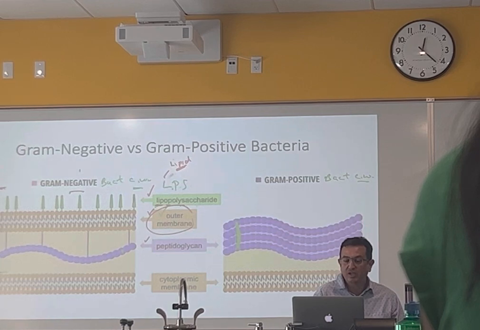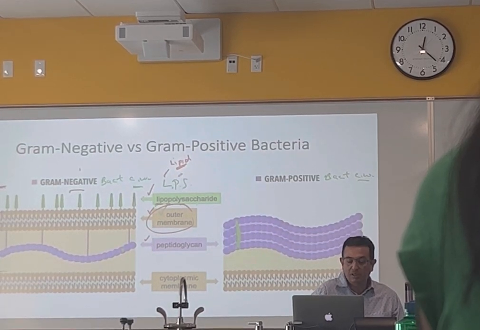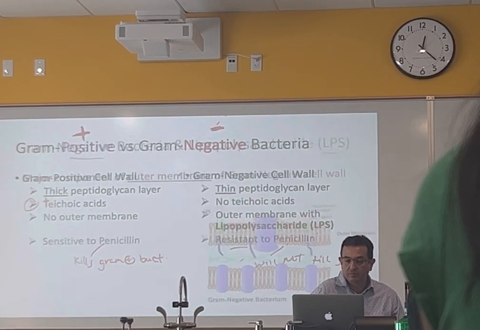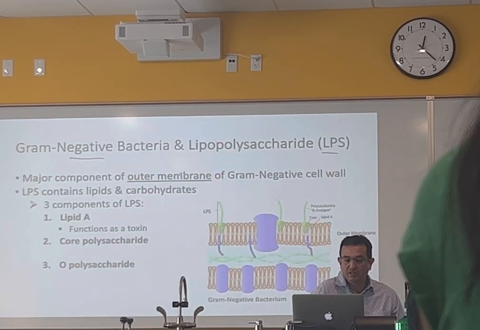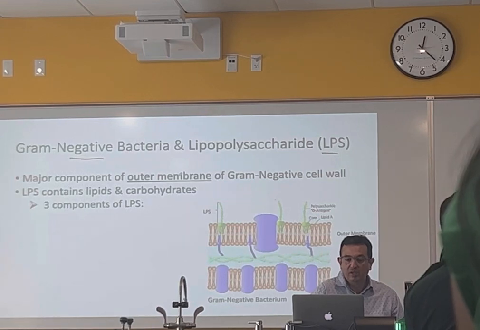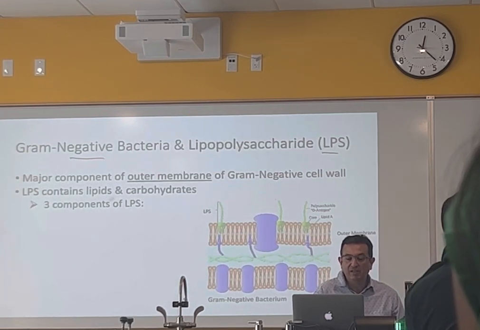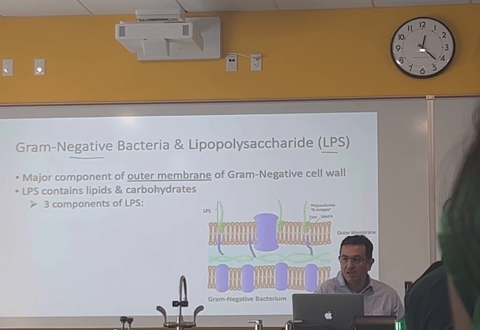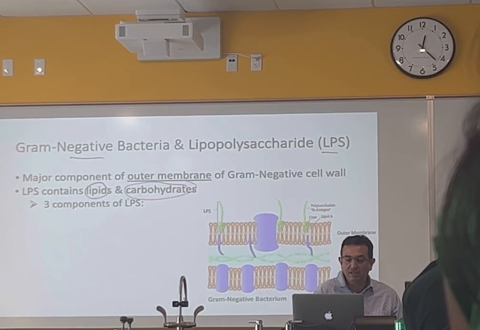lipopolysaccharide. So let's talk about what things make up LPS, the lipopolysaccharide. Okay? Yes, it contains lipids and carbohydrates, right? The lipid, lipo, right? Lipopolysaccharide, 3 components. And I always know it's 3 components because there's 3 letters in LPS.